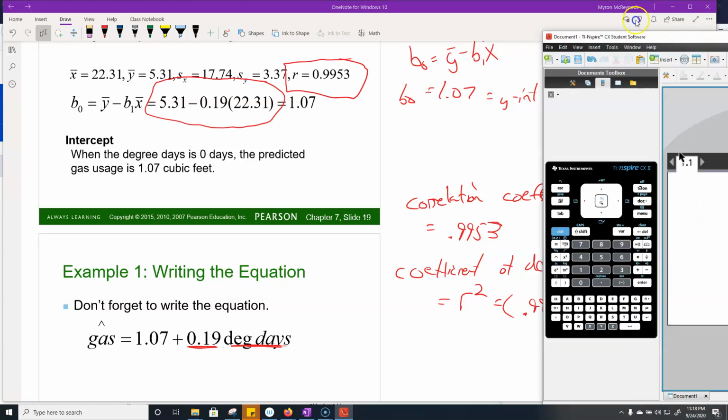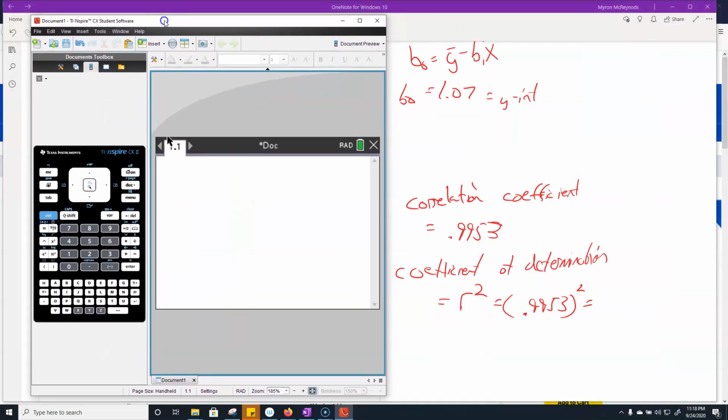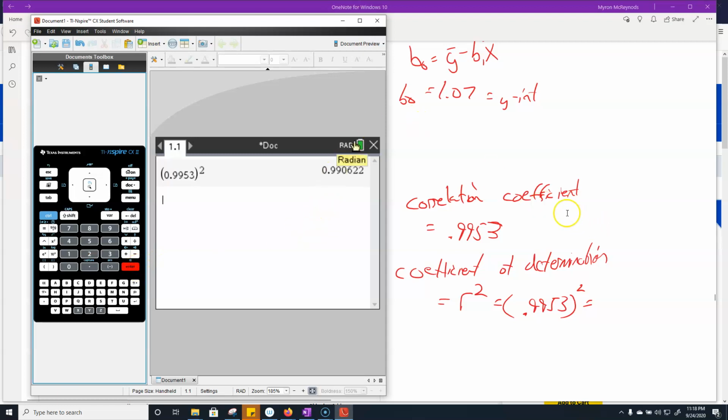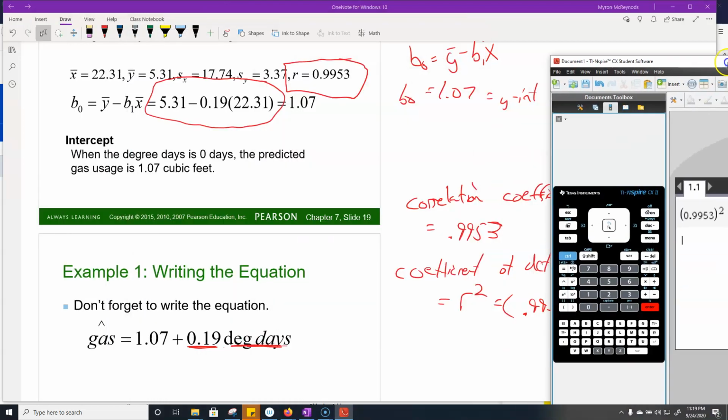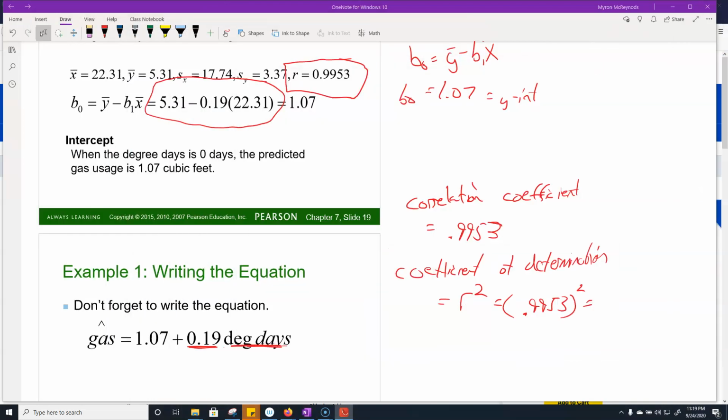All right, so I'm going to pull up my calculator here. 0.9953 squared, enter, 0.990622, so 0.991 we'll call it. So that would be my coefficient of determination.